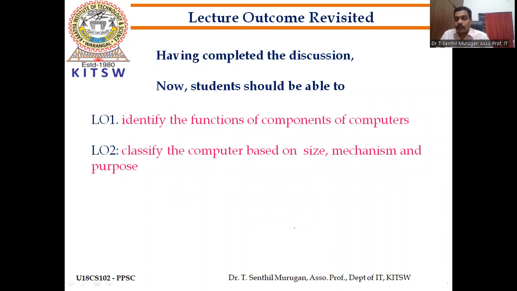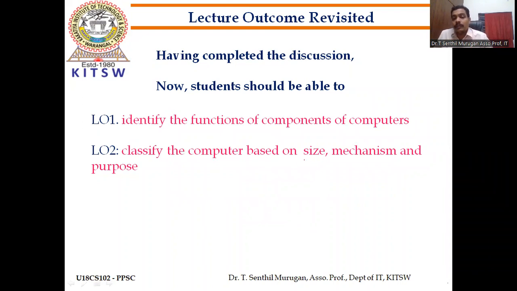Having completed this discussion, now students should be able to identify the functions of the components of the computer. The components are input devices, CPU and output devices. What they do, you are able to understand. You are also able to classify the computer based on the size.